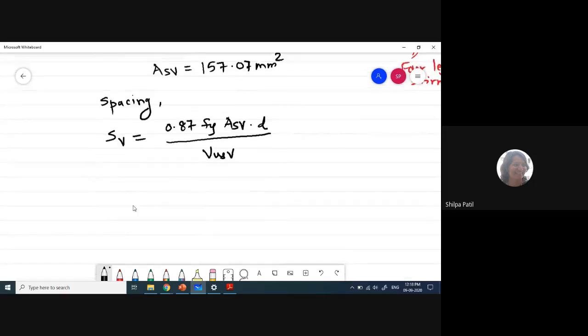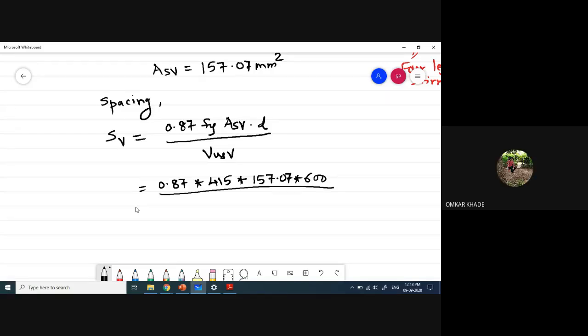Okay, let us put now all these values here. 0.87 Fy is 415, into Asv is 157.07, into d is 600, divided by, what is the Vus value? 330.48.